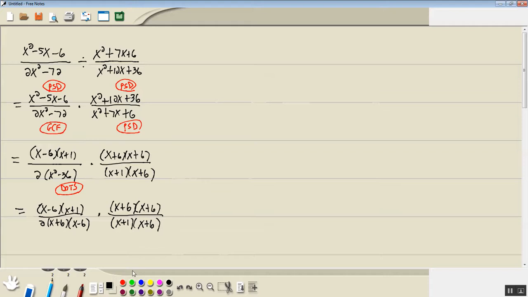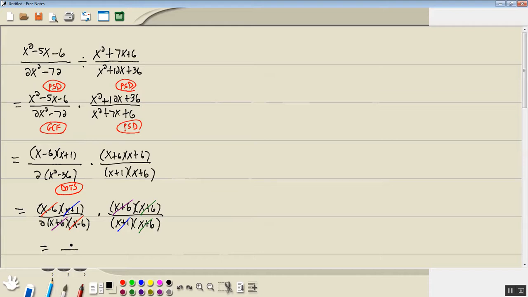Now that we've factored everything, we can see what can cancel. Your only guide is one's on top, one's on the bottom, and they're the same. Here's an x minus 6, here's an x minus 6. Here's an x plus 1, here's an x plus 1. Here's an x plus 6, here's an x plus 6. Here's an x plus 6, and here's an x plus 6.